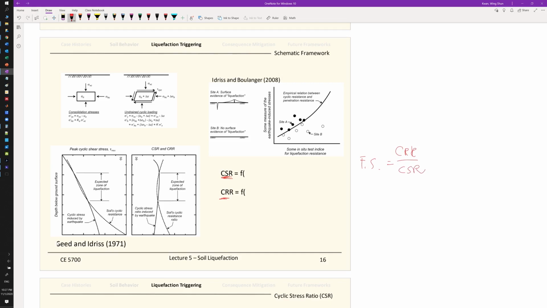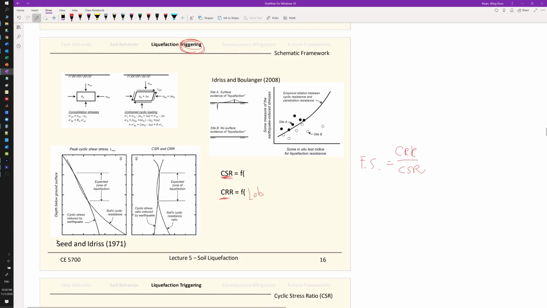So this is the triggering analysis, and we briefly talk about how to find out the CRR, the resistance ratio. Remember from the lab approach that we talked about, we try to establish the liquefaction capacity curve, the liquefaction resistance curve. It has a concept that you have a certain type of loading on the y-axis, and the x-axis is a certain kind of index.